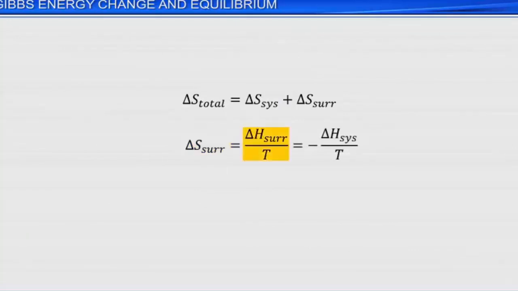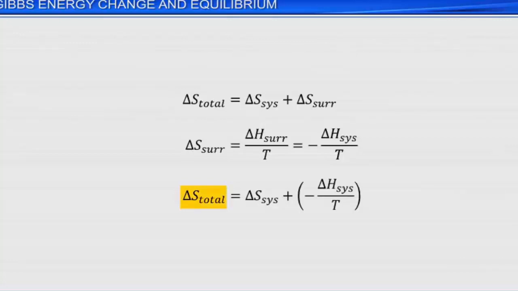On substituting the value of delta S surrounding, we get delta S total equals entropy change of system, delta S system, plus minus enthalpy change of system, delta H system, divided by temperature T.